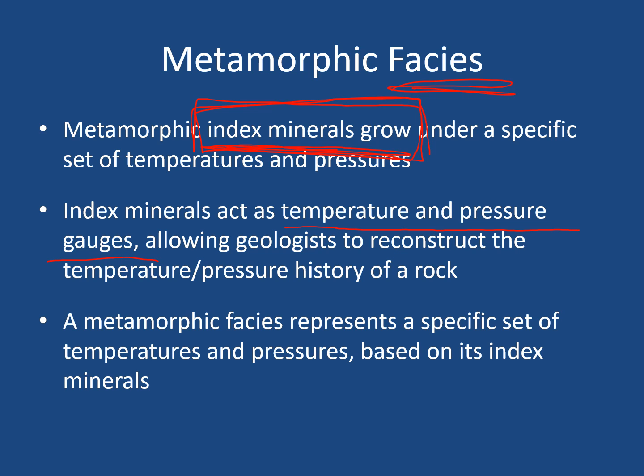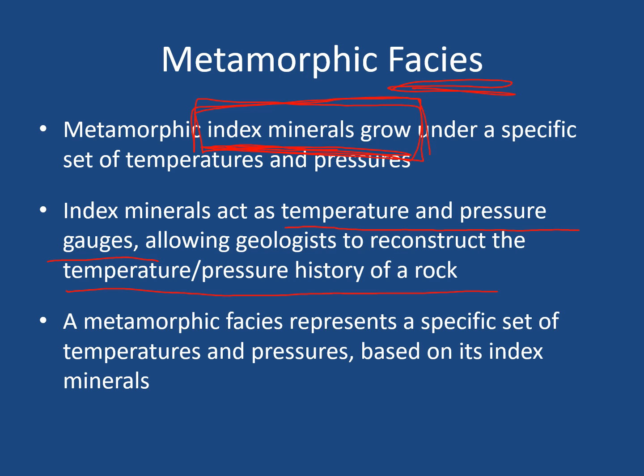Rock. And because we can grow these index minerals in the lab, we know that when we find some kind of metamorphic rock with certain index minerals, we have a pretty good understanding at that point of the temperature and pressure history of the rock because of the index minerals in the rock.